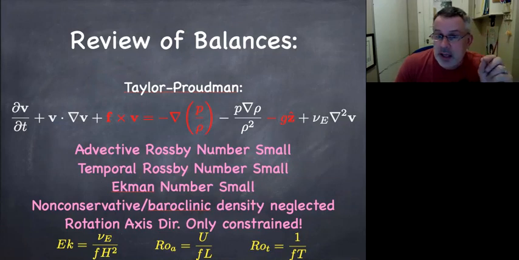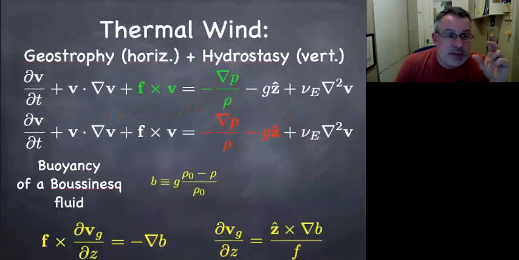And what we ended on last time was the fact that if we have horizontal variations in density, like piles of bricks next to piles of pillows, then we actually get shear in the vertical. That shear is called the thermal wind shear, and that's the last balance we have to worry about.